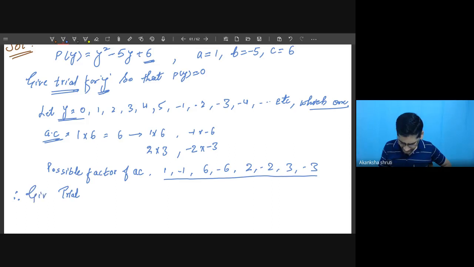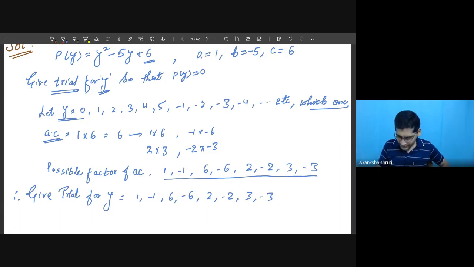So give the trial for y equals either 1, -1, 6, -6, 2, -2, 3 and -3. Only these. How many such possible trials are there? 1, 2, 3, 4, 5, 6, 7, 8 only. So at maximum you just give 8 trials.